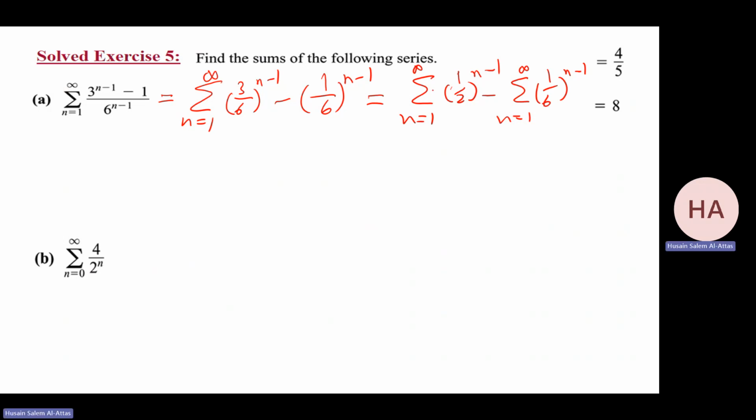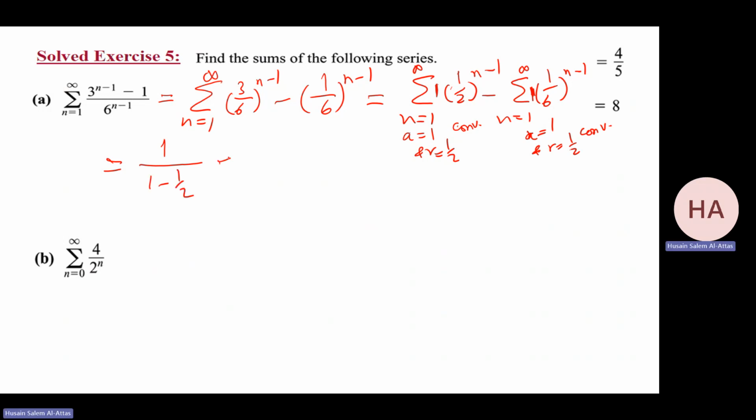This one is in the format, and this is my A. It's 1. And here the same thing, A is 1. So A equals 1 and R equals half. Converges. And A equals 1 and R equals 1 over 6. Converges. So I have 1 over 1 minus half.